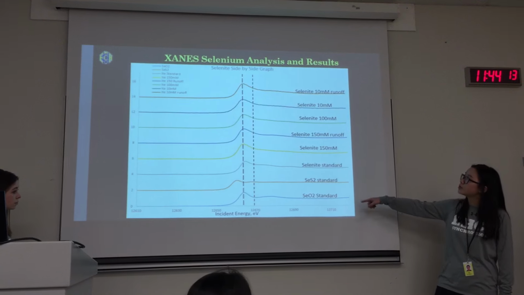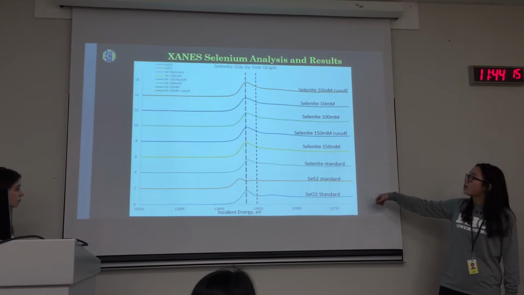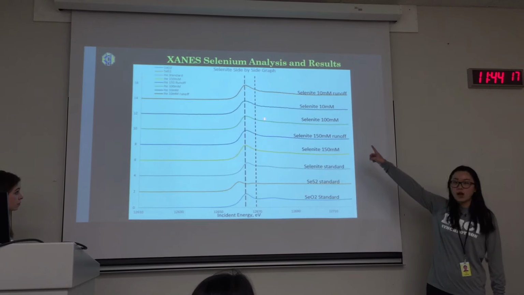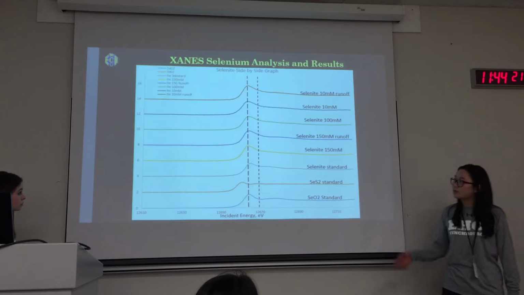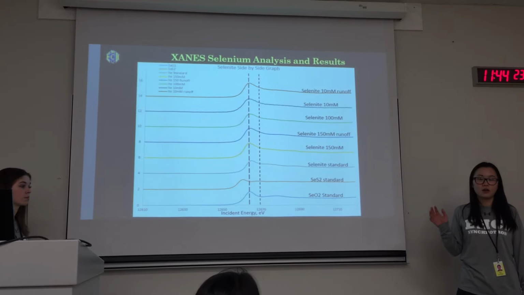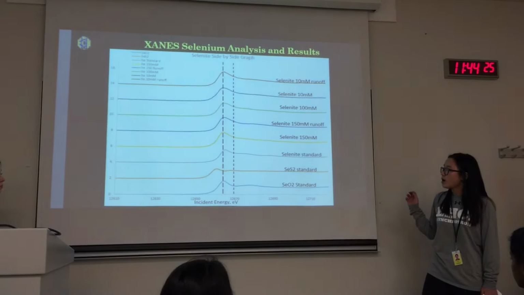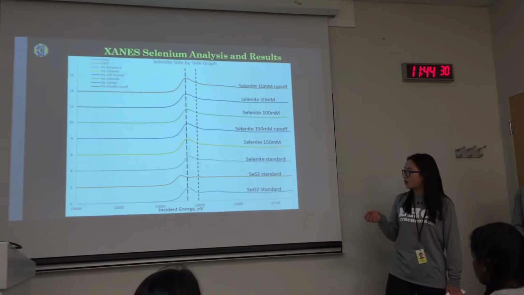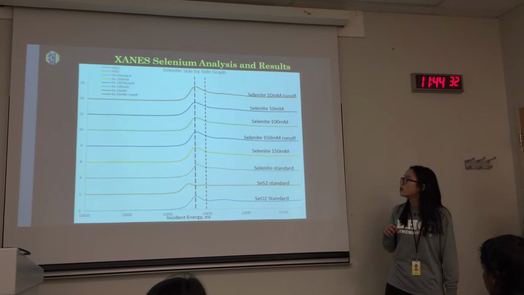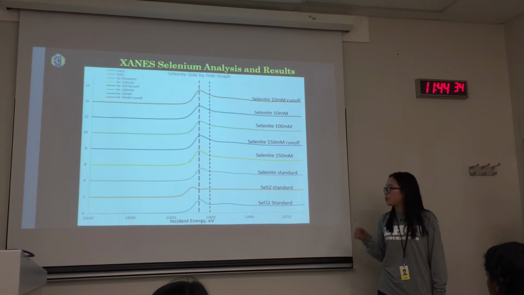And compare these two to our selenite sample, the second one from the top here. The positions are very different, and in general the shapes of the peaks are also different. So we suggest there might be a speciation change between these two.